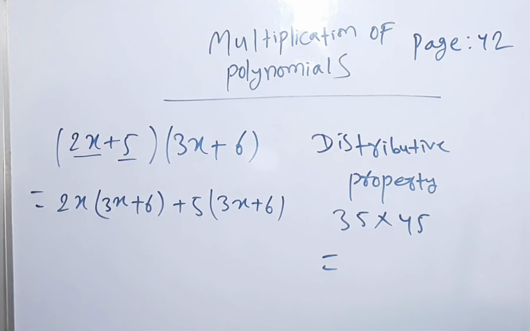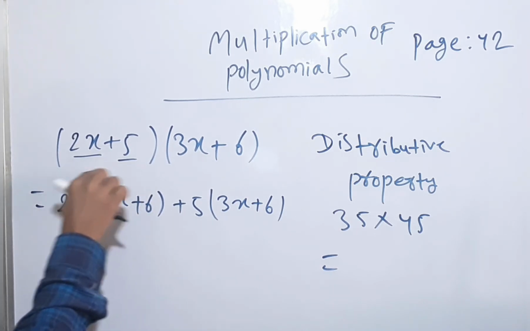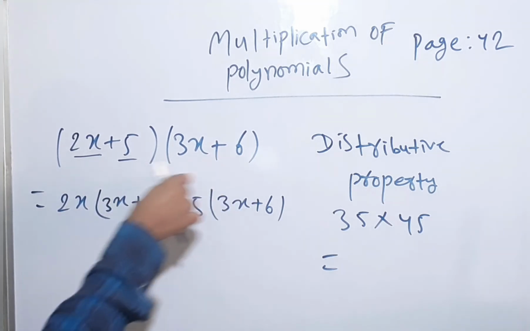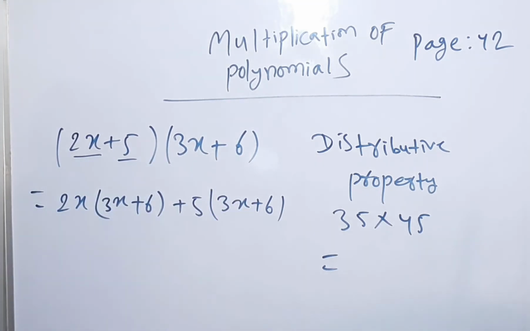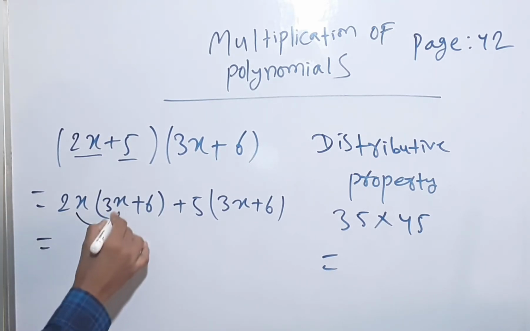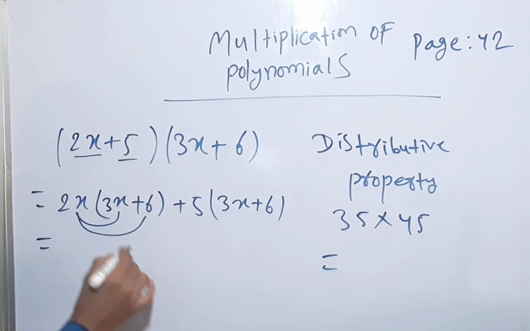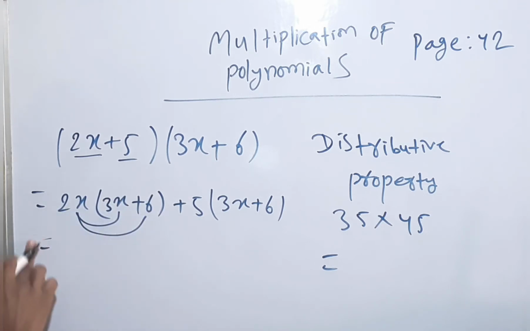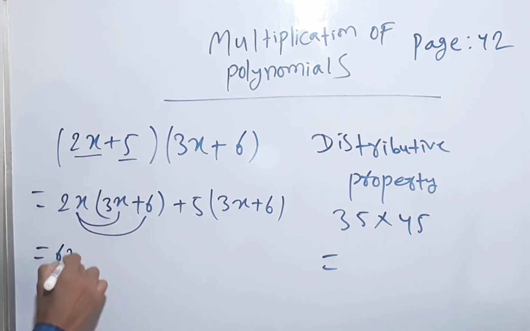So step by step we distributed both of these terms into this single expression, as you can see. Now after distributing, you multiply this into this and also into this, multiplying it into both of them. As a result, you get 6x squared plus 12x, since x times x is x squared.